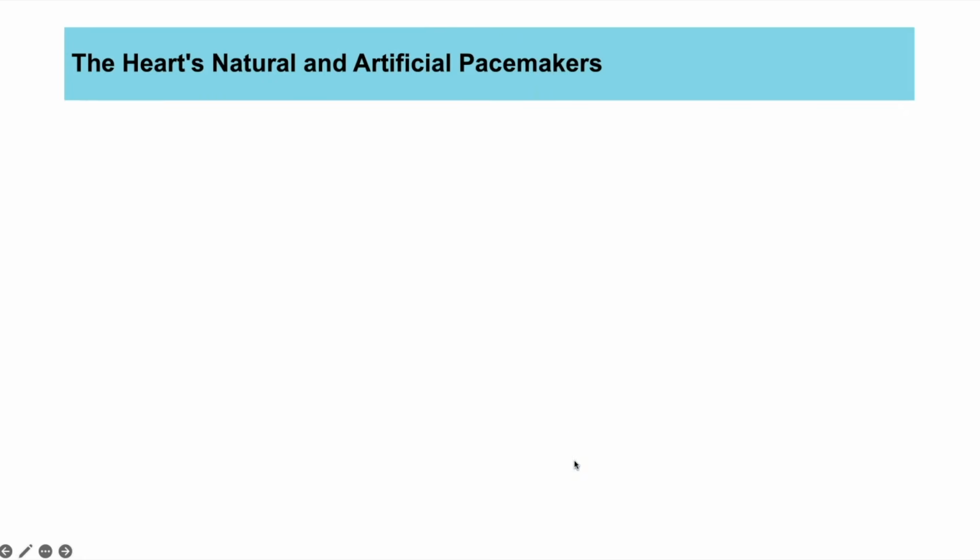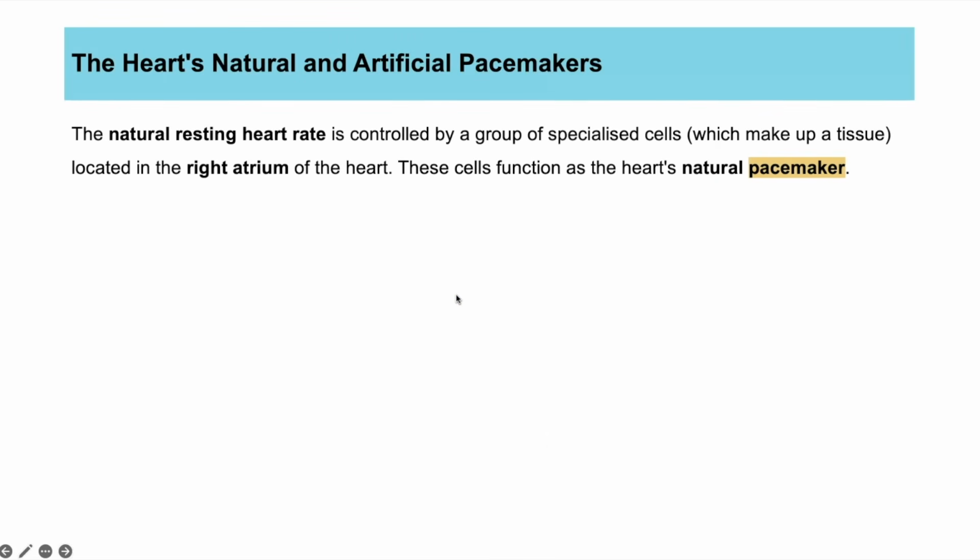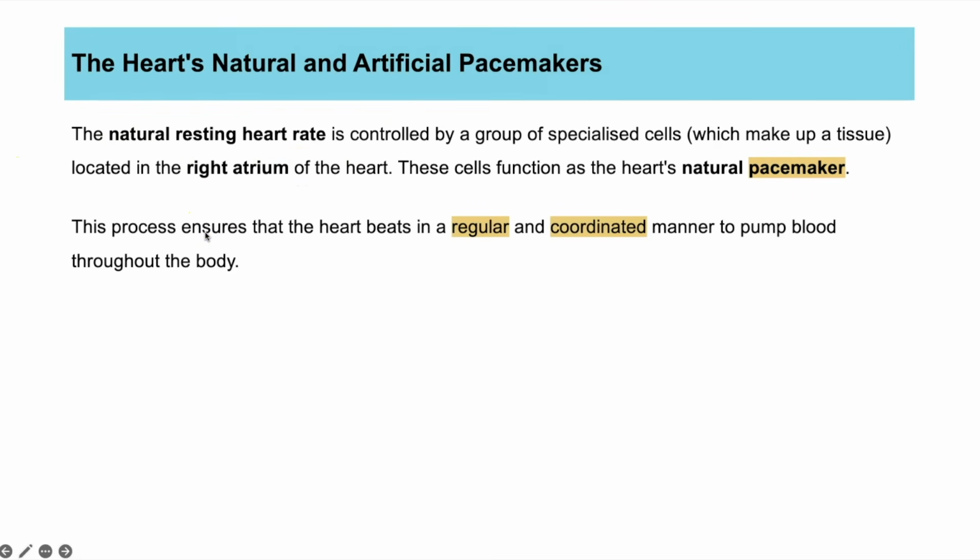Now, sometimes issues go wrong in the heart. Inside your heart, you naturally have a group of specialised cells, or in other words, a tissue, because a group of specialised cells performing a function is a tissue, known as the pacemaker. You find them in the right atrium of the heart, one of those top chambers. The role of these pacemaker cells is to release electrical activity.